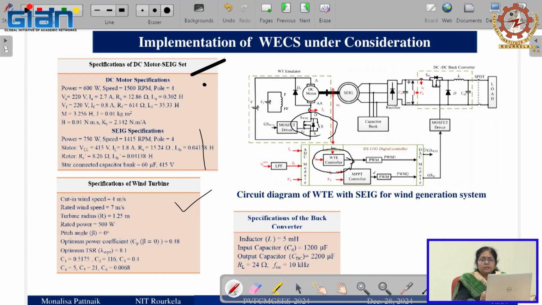Here the system is implemented in the dSPACE 1104, a digital controller, okay. And the switching frequency for all the systems we have fixed at 10 kilohertz. Gradually we are also now working at 20 kilohertz, but the switches we are using are IGBTs.